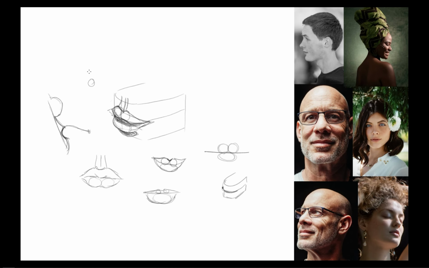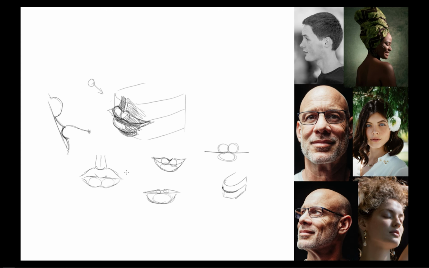So if you have a light here coming down, you might get a shadow on this side of the septum, and then you would get a shadow on this side of the mouth. Again, you need to pay attention to where that light's coming from, because that could also shade in a good portion of the face as well as the rest of it.